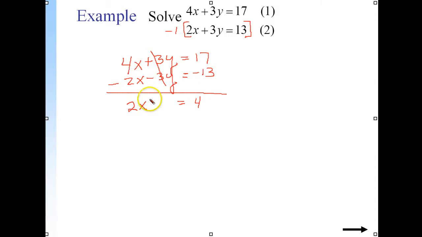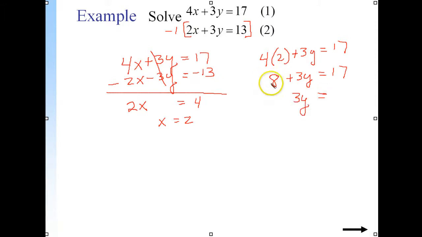Divide both sides by 2. I get x equals 2. So now that x is 2, I can go into one of the other equations. 4 times 2 plus 3y equals 17. This is going to be an 8 plus 3y equals 17.